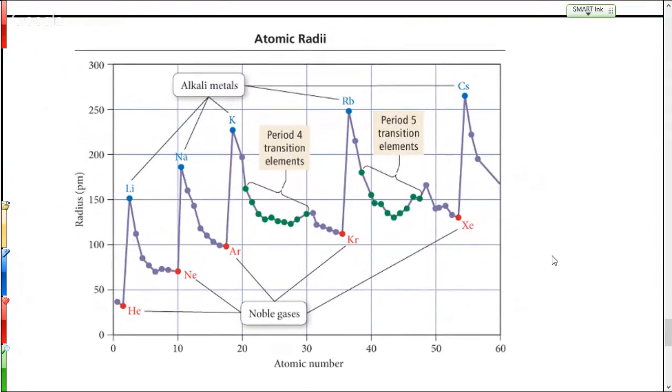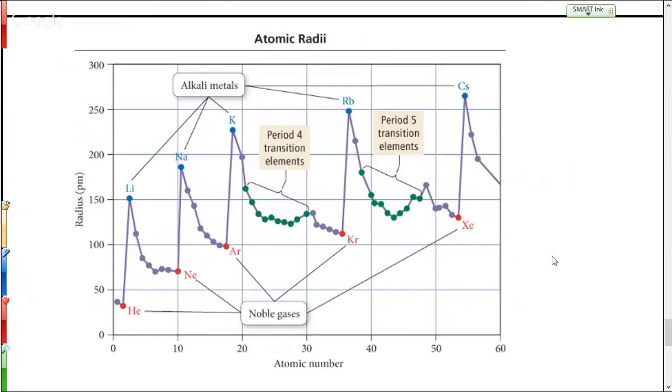The atomic number is on the bottom, which just means as we go from left to right, we're going across the periodic table and then to the next row, the next row, the next row. And there's radius on top. So if you look down a column, like the very tops of those peaks, lithium, sodium, potassium, rubidium, cesium, that's what we just talked about. That radius is going up as you go down.